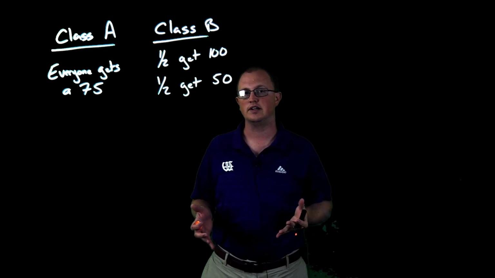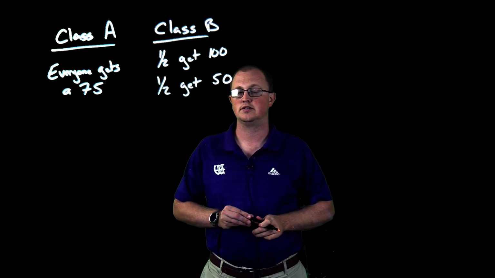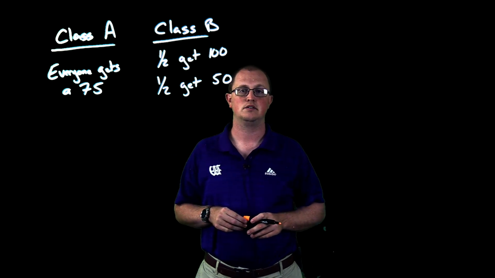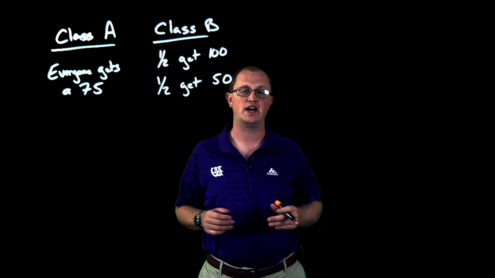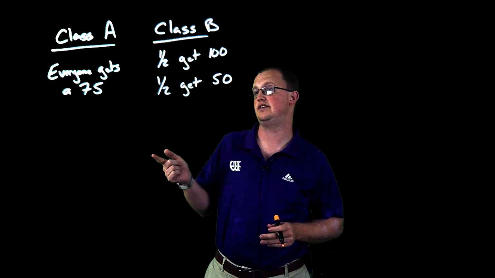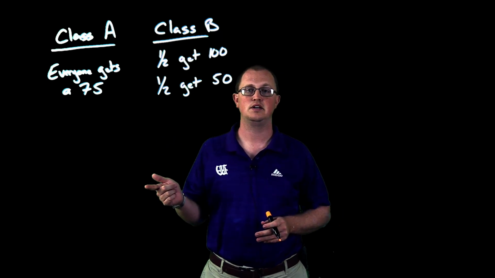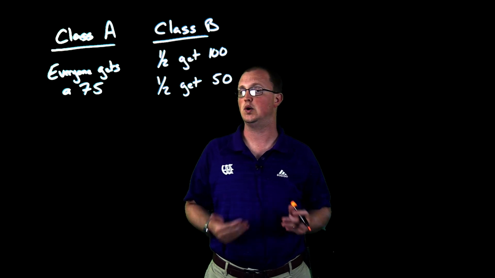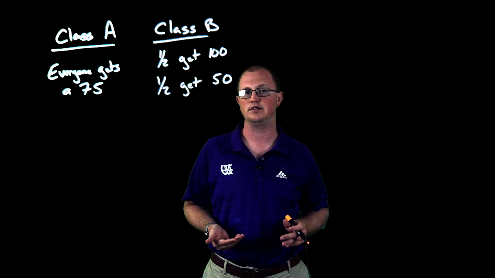If you calculate the average test score for these two classes, both have an average test score of 75. But these are very different classes. And so there's stuff lost by only looking at what is a typical value.